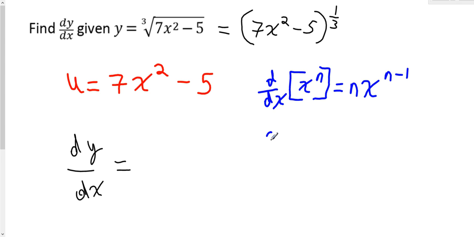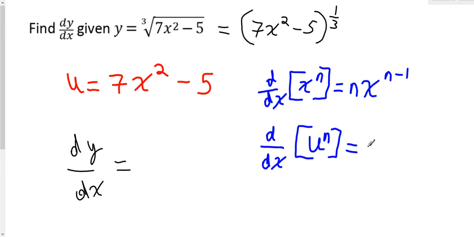And the chain rule would say that the derivative with respect to x of u, which in this case is 7x squared minus 5, to the nth power, in this case n would be 1/3, is equal to, and the chain rule says to take the derivative of the outside function with respect to the independent variable.